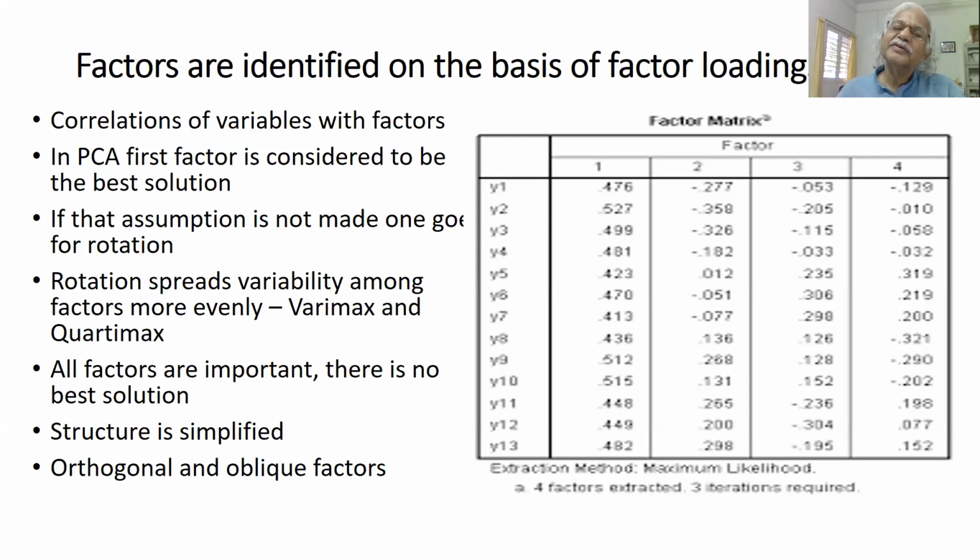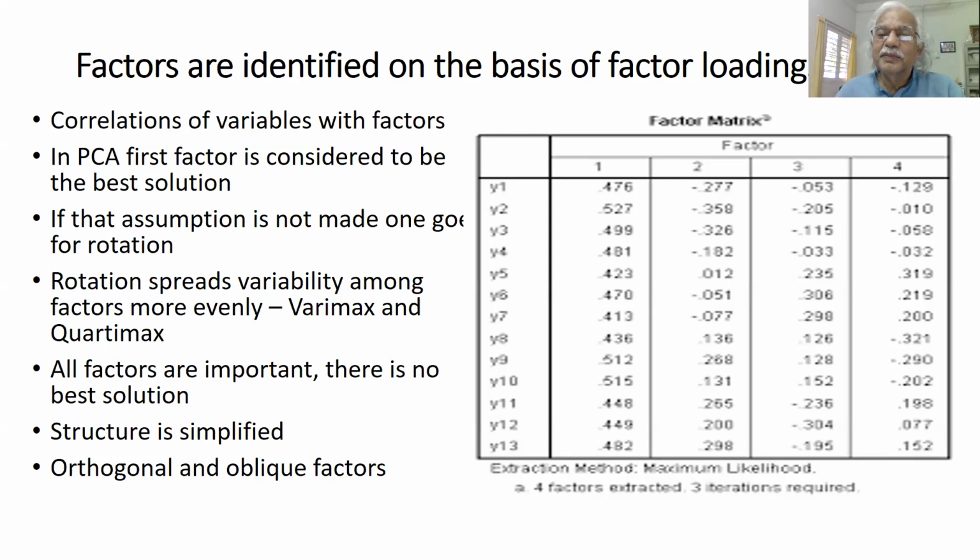As a matter of fact, you can also write that F1, or factor 1, is 0.476 into variable 1 plus 0.527 into variable 2 plus 0.499 variable 3 plus 0.481 variable 4 and so on.